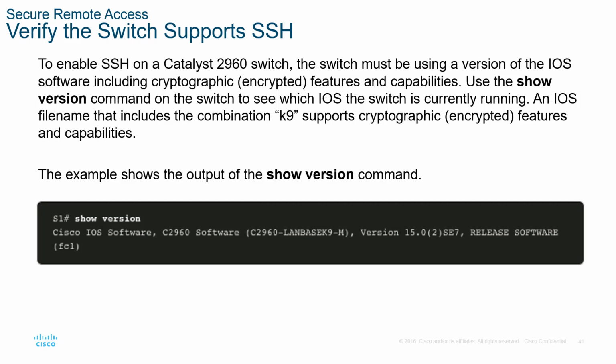There is actually a video that I've previously done that will break down the licensing that will explain this better. The important part here is that the show version will actually show that it supports cryptography by the K9. The K9 after LAN base shows that it supports basic cryptography and encryption features.